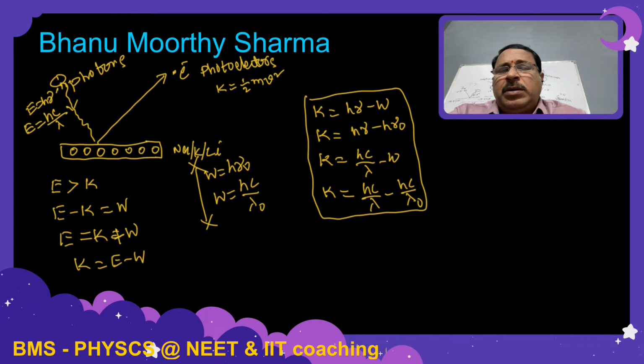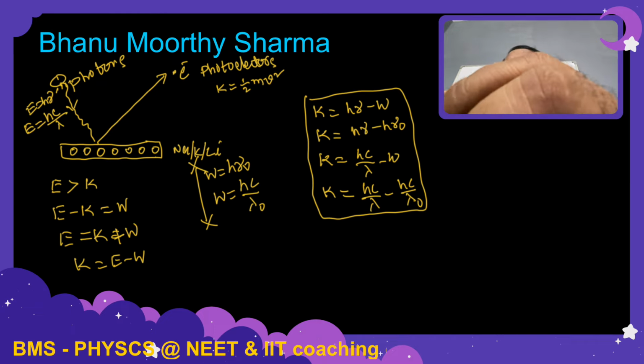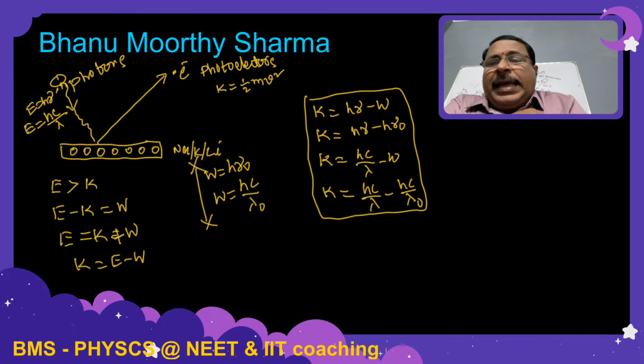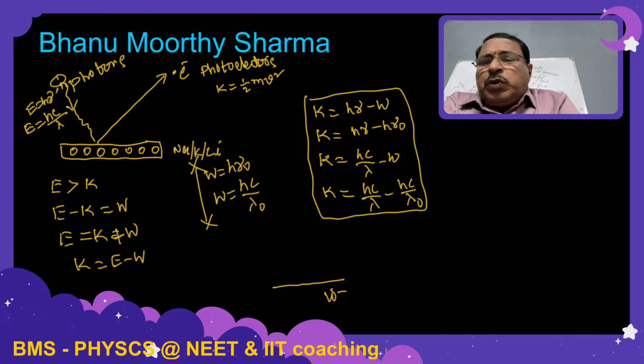My dear students, I am going to explain two important applications in this case. For example, first, a metal plate is here. Its work function is 2 electron volts. Now a light of wavelength lambda 1 is falling on the metal surface. Then the kinetic energy of the emitted electron is K1.